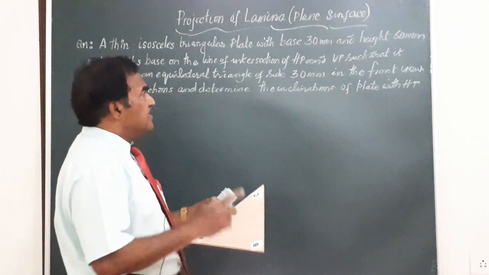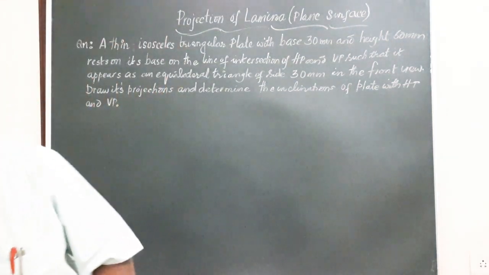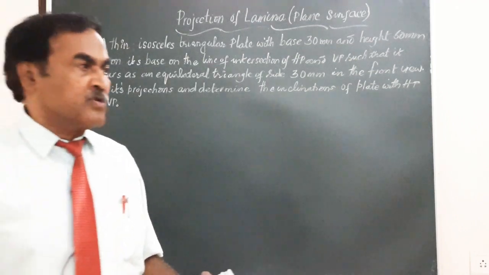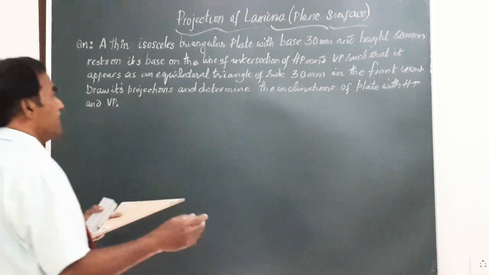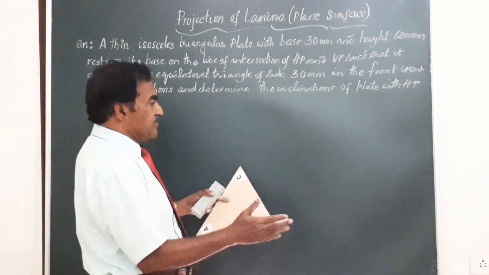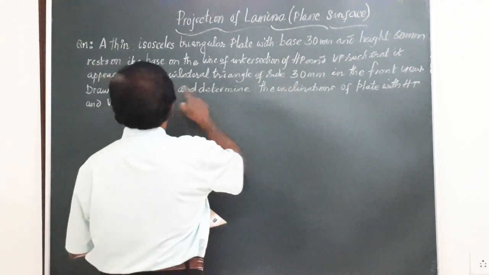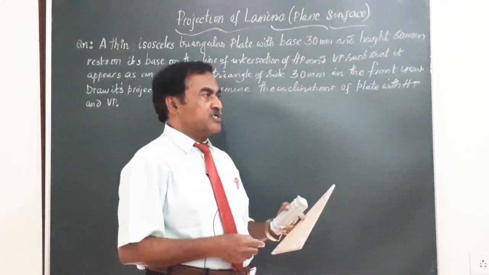He says the lamina is resting on the line of intersection of HP and VP. So, what do you mean by that, friends? You know very well, whenever this lamina is resting on the line of intersection of HP and VP, this is nothing but the XY line which we write in the first angle projection.